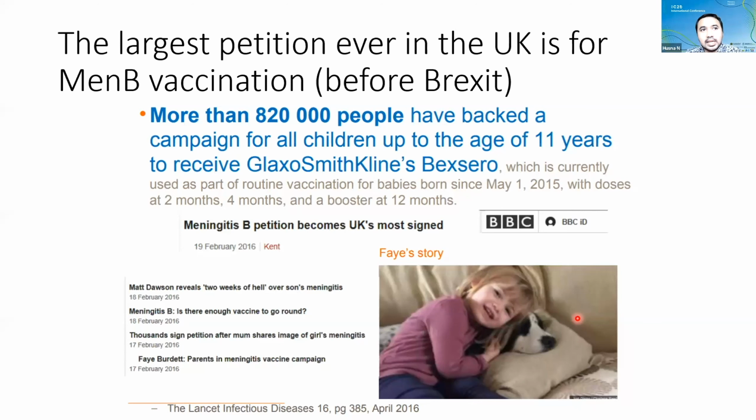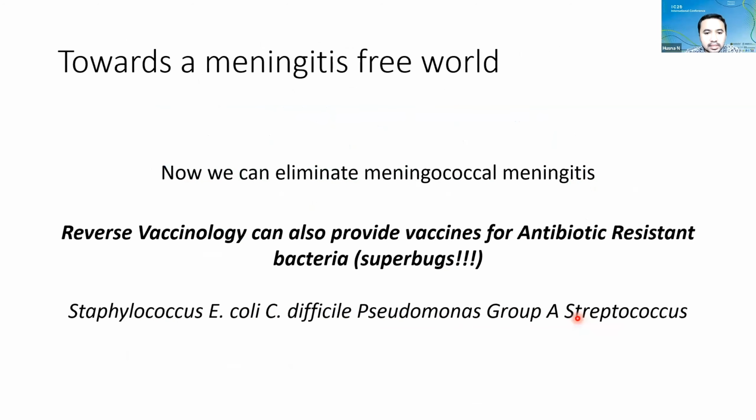Since they see the real efficacy from the field, so many people are willing to get vaccinated here. And yes, this is an example that we can eliminate meningococcal meningitis.